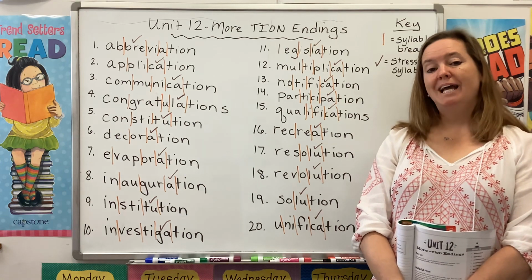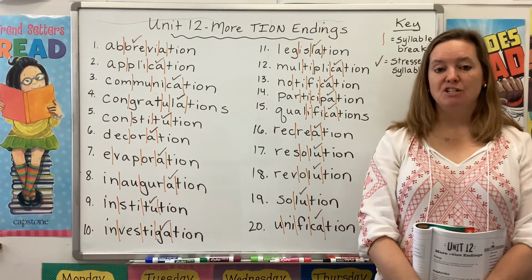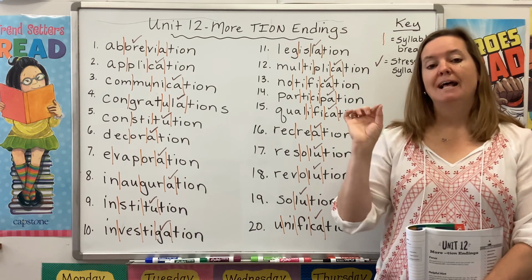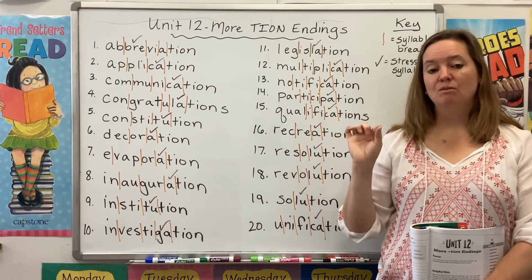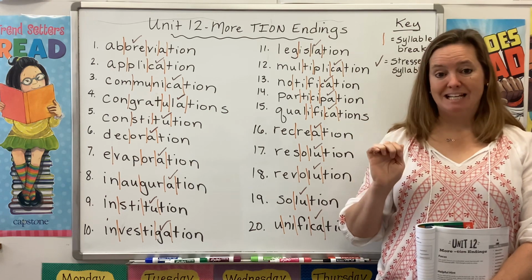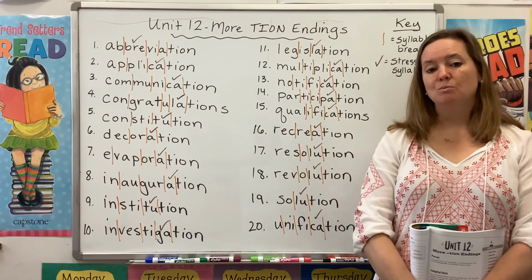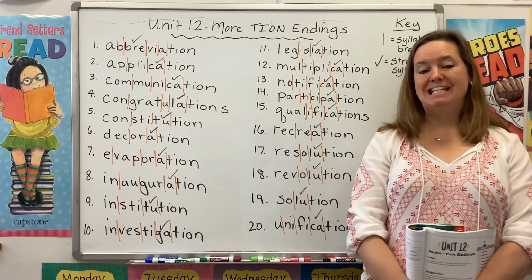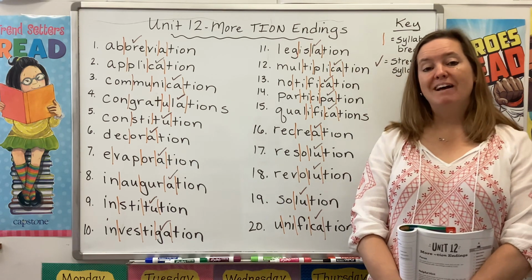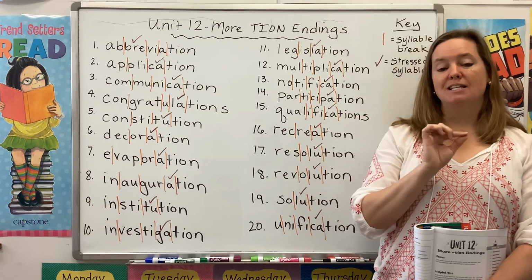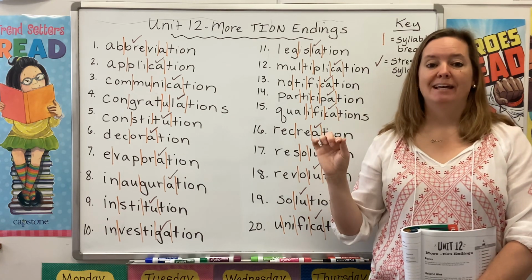All right, so we have been learning about derivational suffixes. Remember, those are groups of letters that we tack on to the end of a word to change its meaning. They actually change the part of speech. So last week we learned about ATION, and we found out that if we put that at the end of a word, it changes a verb to a noun.